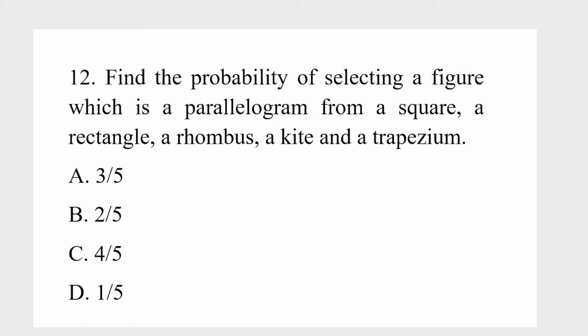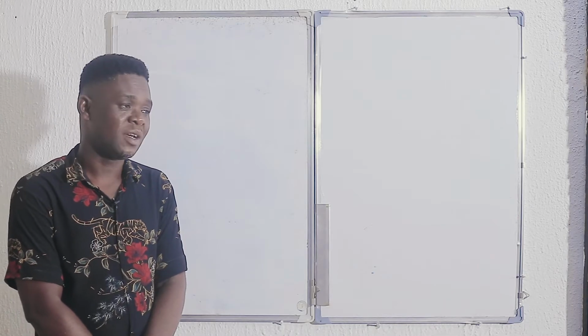So we have a rhombus, a kite, a rectangle, a square, and a trapezium. Of these 5 shapes, a square, a rectangle, and a rhombus are parallelograms, while kites and trapezium are not.